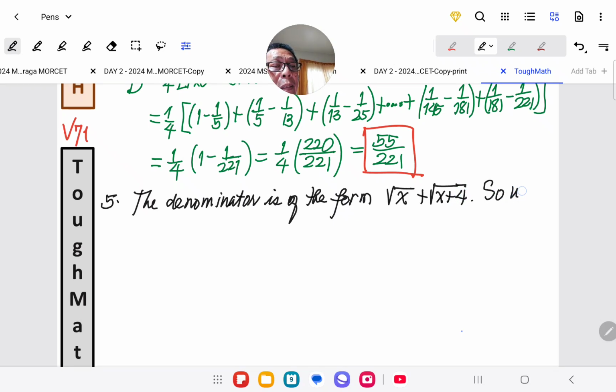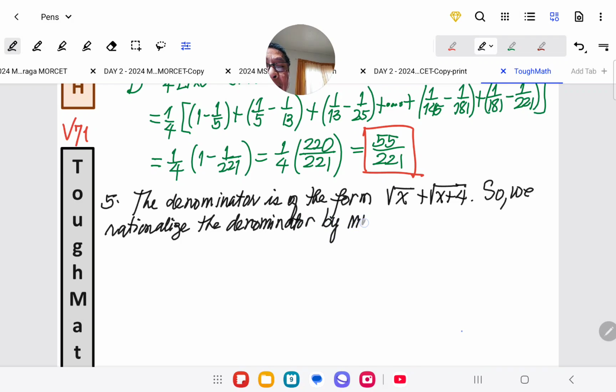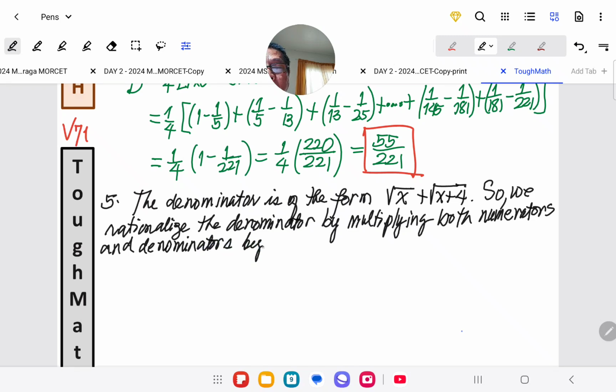So we rationalize the denominator by multiplying both numerators and denominators by square root of x plus 4 minus the square root of x.